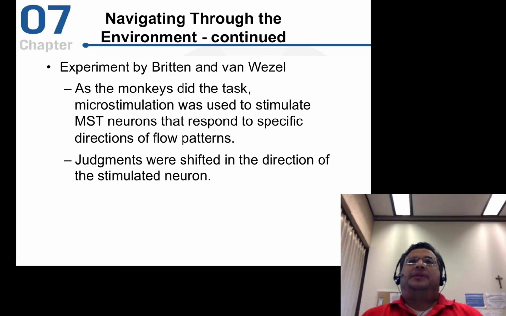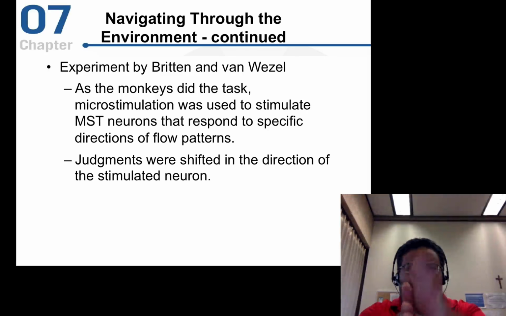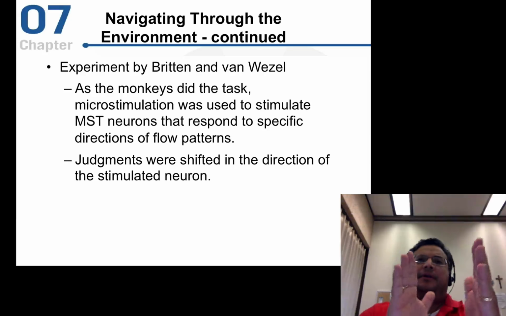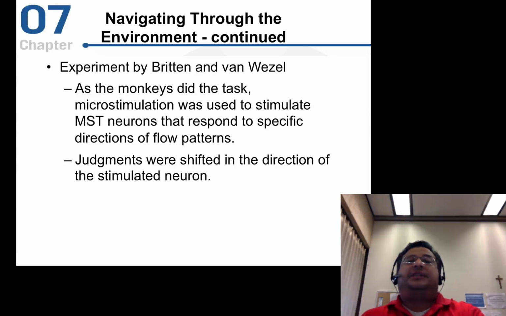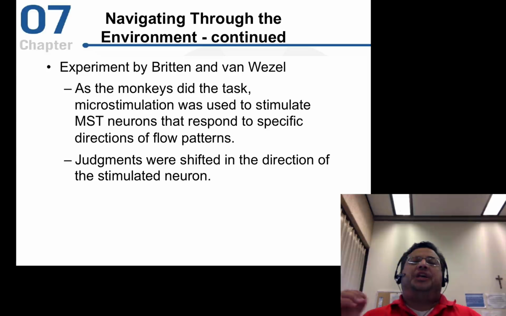So if the monkey, for example, was watching the flow pattern heading straight at the pole in the distance, and then they stimulated the neurons associated with the other flow pattern, the monkey would adjust its behavior to show that it was perceiving the other flow pattern, even when it was watching the straight-on flow pattern, just by stimulating those neurons. You could change the perception.